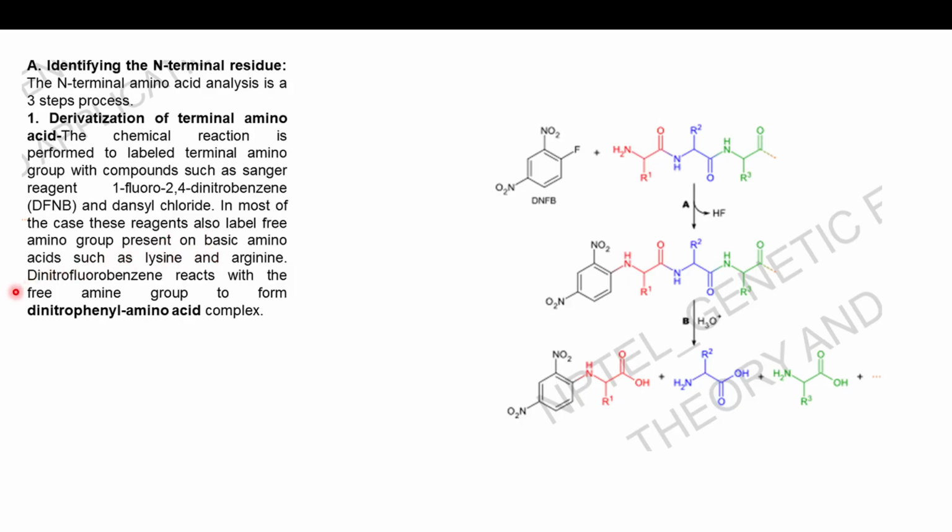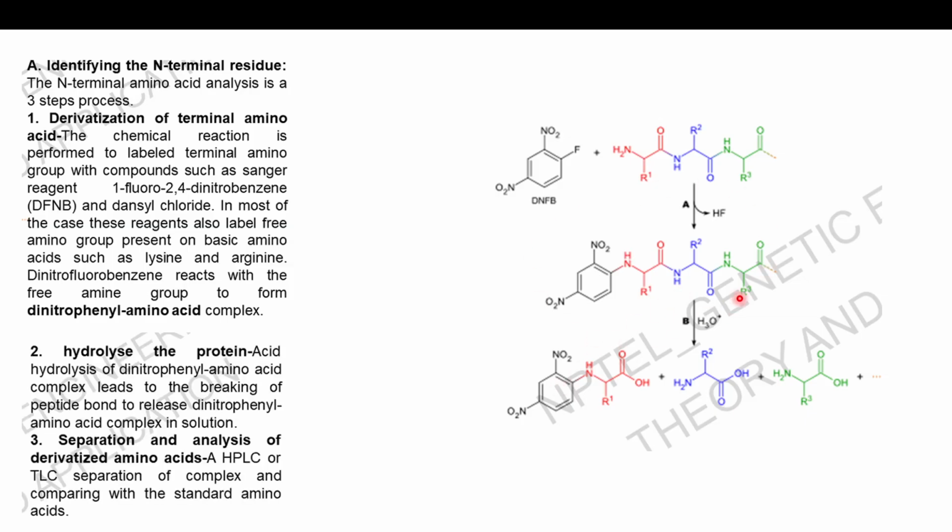So what happens here is dinitrofluorobenzene, or DNFB, reacts with the free amine group, the NH2 group, to form a dinitrophenyl amino acid complex. This one. Dinitro because there are two NO2 groups attached to this benzene ring, and after losing this H from here and the fluorine atom from here, this adduct is formed.